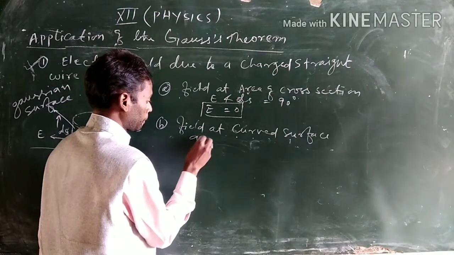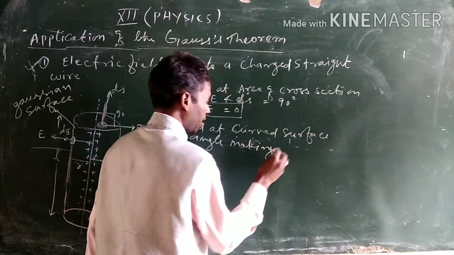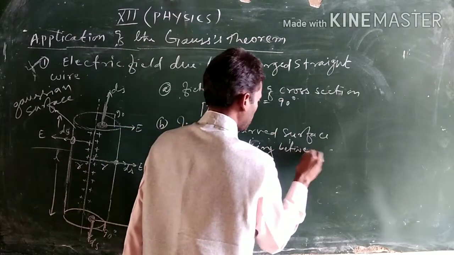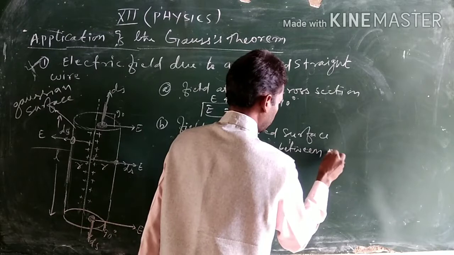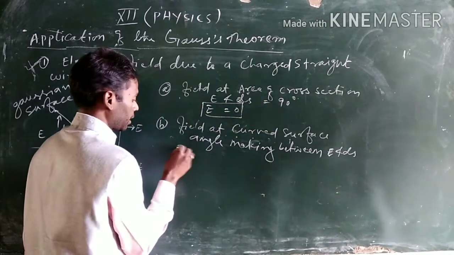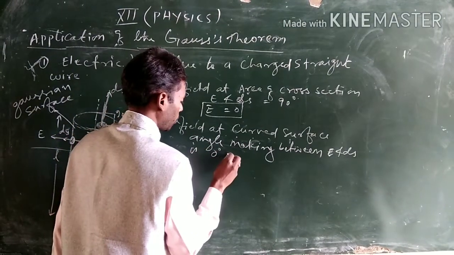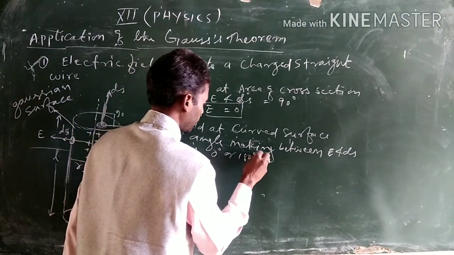The angle between the electric field and ds is 0 degrees or 180 degrees, right?